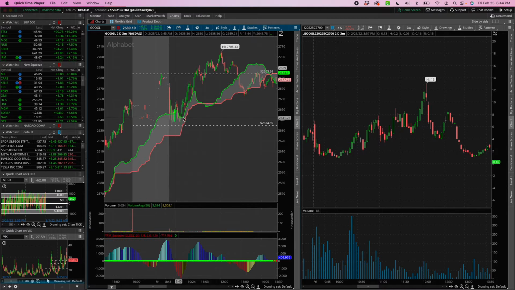Based off where we're at as far as price, right now we're in that 26, 30, 40, 50 range for Google. Something that typically is affordable is around 60 to 70 points away.